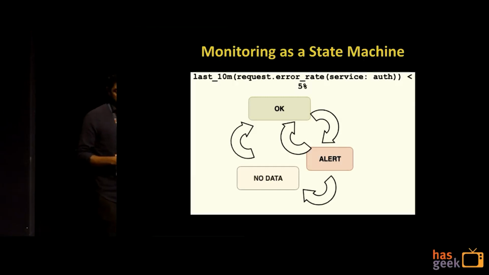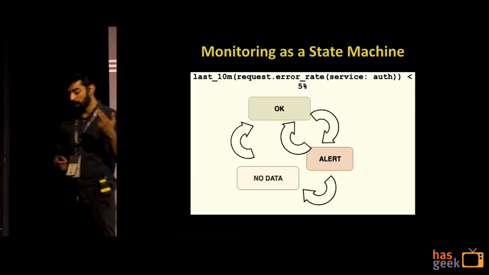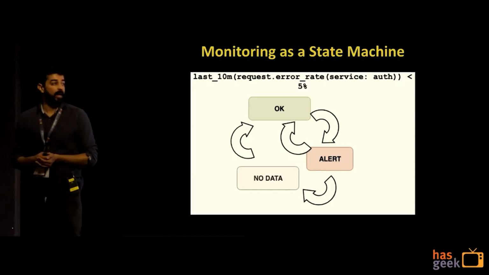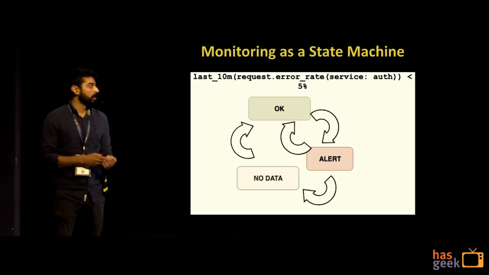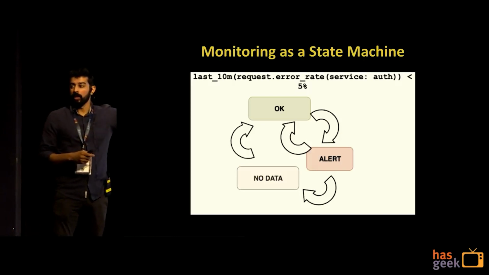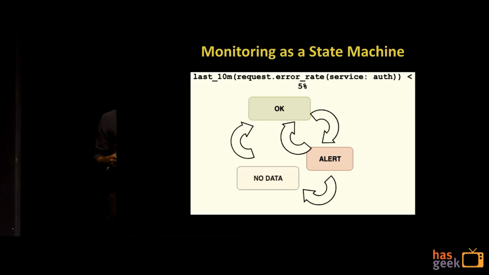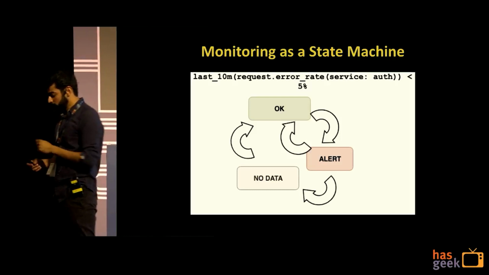The goal of the state machine is to constantly respond to external stimuli, such that if at any point the error rate increases past 5%, it transitions into an alert state. And it can flip between OK and alert depending on what the most recent window of data is.